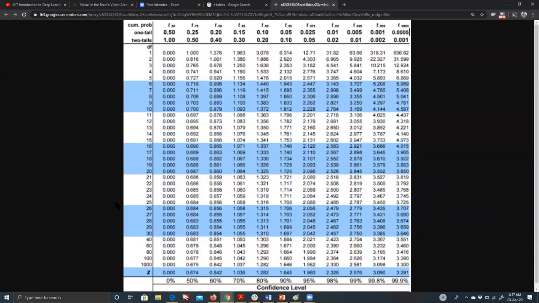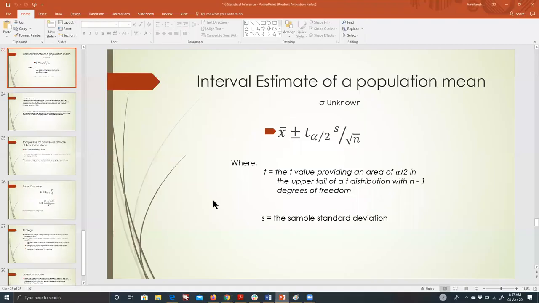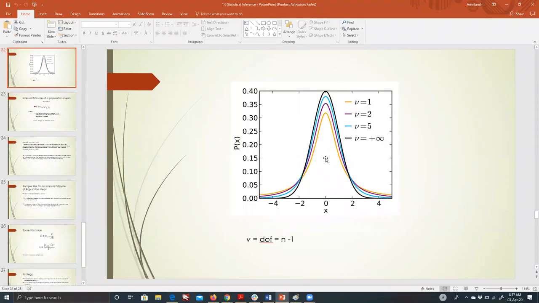If you look at the t distribution here, it will not coincide with the Z distribution as the sample size is very small, right? I think I showed you this picture, right? Imagine this black one is the perfect normal or Z distribution, and the t distribution is slowly becoming like the Z distribution when you increase the sample size.